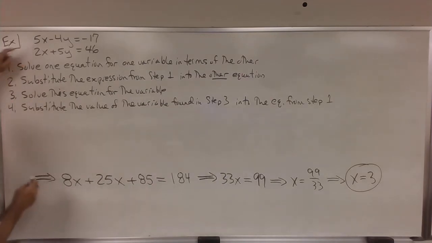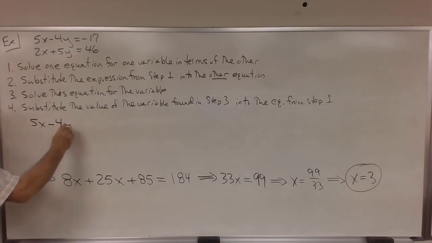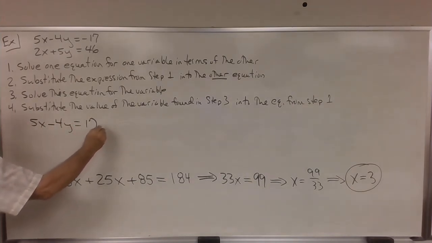So here's equation 1. 5x minus 4y equals 17.